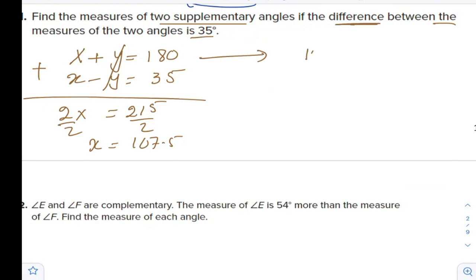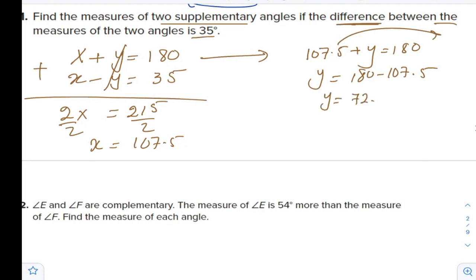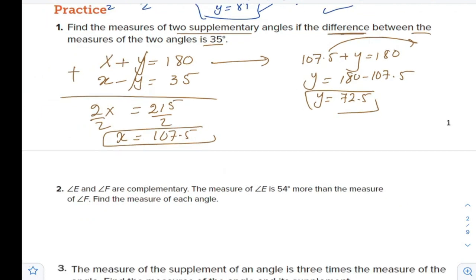Replacing, 180 minus 107.5, it is equal to 72.5. That means we can have fractions, and it is difficult to predict if you have fractions, if you have decimals.